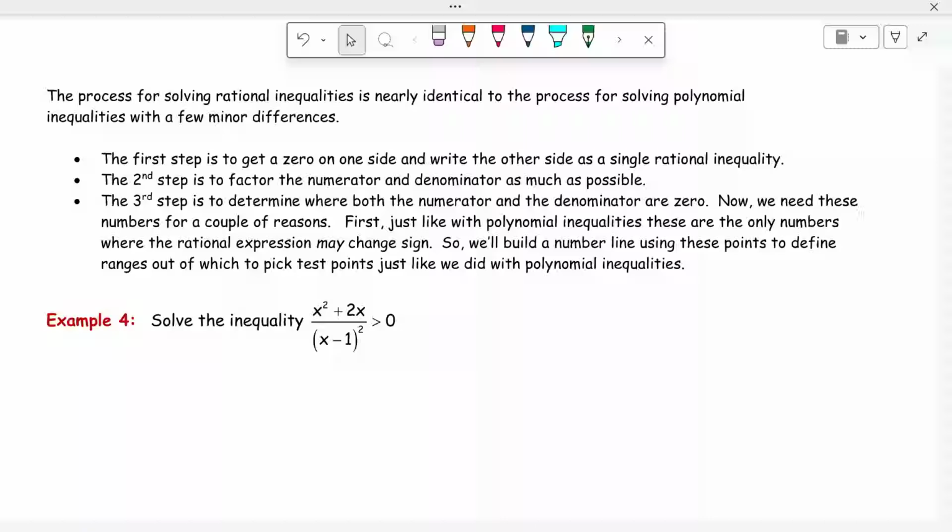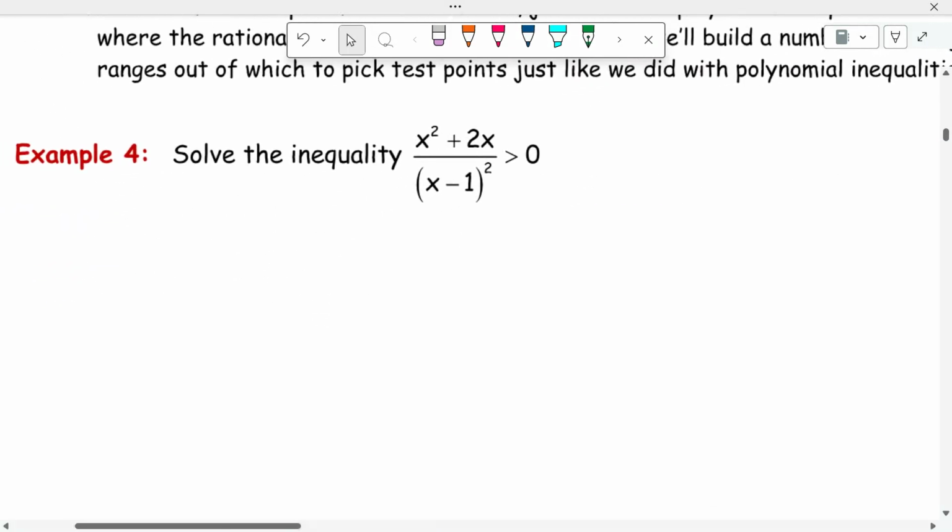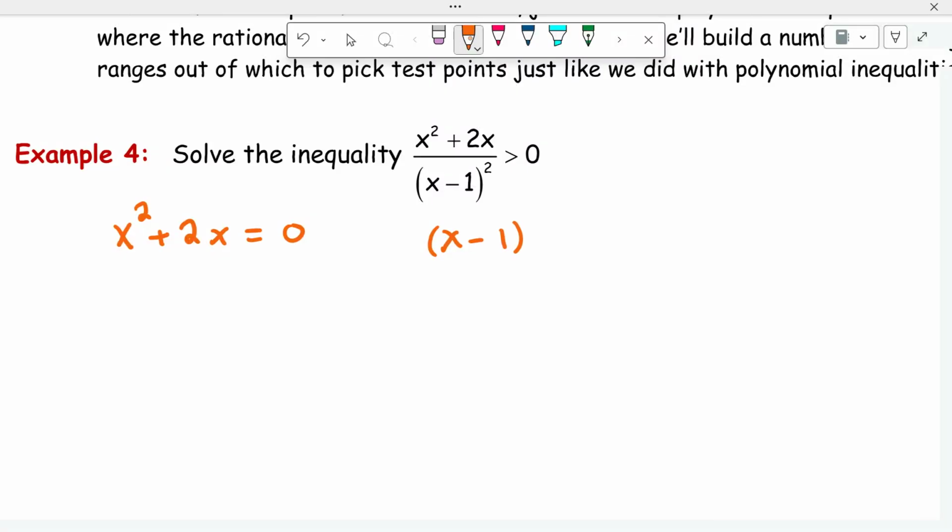So to get our critical numbers, we solve the top and we solve the bottom, because again, that vertical asymptote is a critical point where it could go from positive to negative.